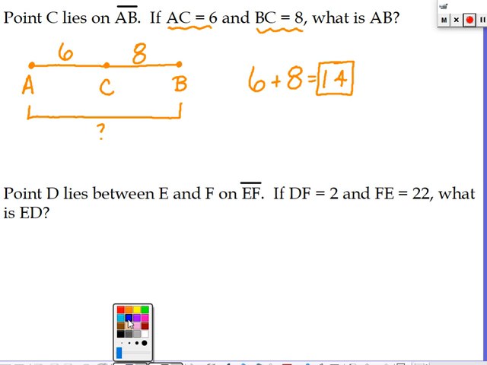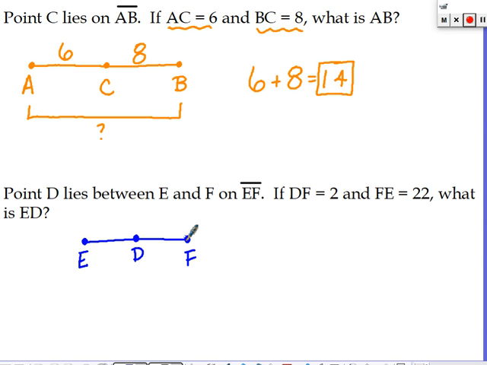Now down here, same thing. Point D lies between E and F on segment EF. So here I'll draw my segment, EF. And then D is somewhere in between here. And make sure you're drawing circles or dots here for your points. Don't just not have any dots there and letters floating about. Okay?